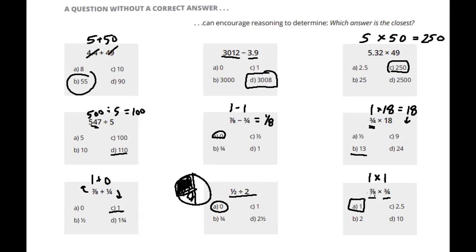That was a little tricky. Do you think the actual answer is going to be more or less? Less. I think it would be, because both numbers are close to 1 but less than 1. But you know what? I don't even know how to do this in my head, so I'm going to use the calculator. Yes, it actually comes out to almost half. It's about 0.65. So 1 is a better answer than anything else because there wasn't even a 0 listed.